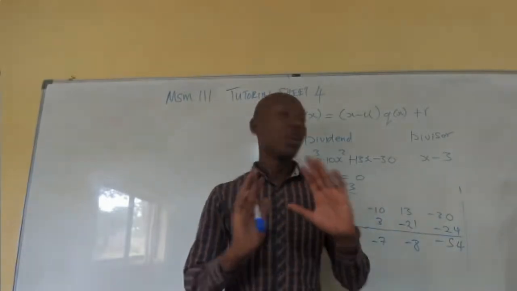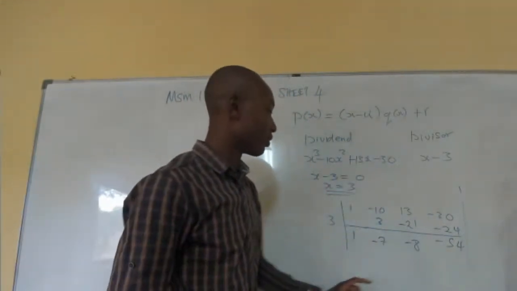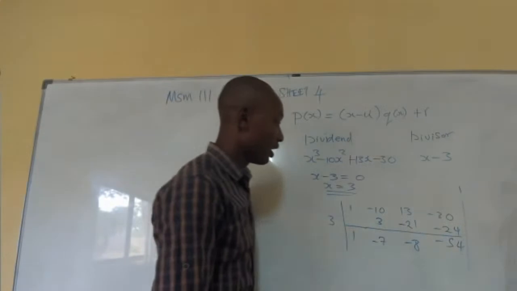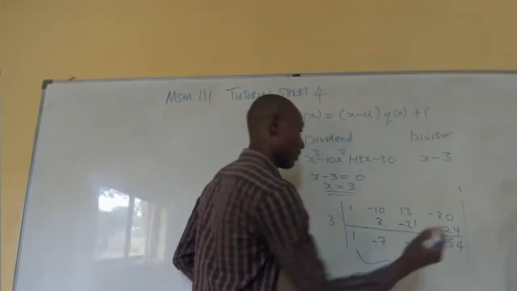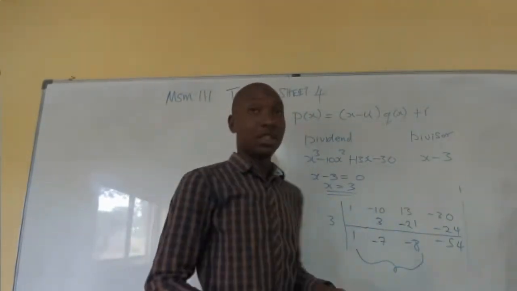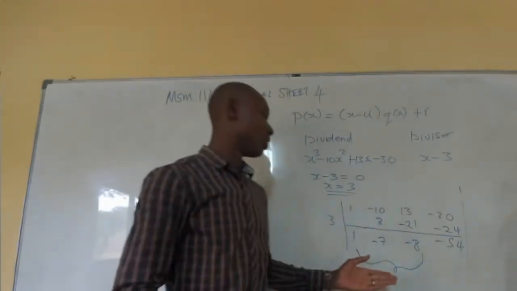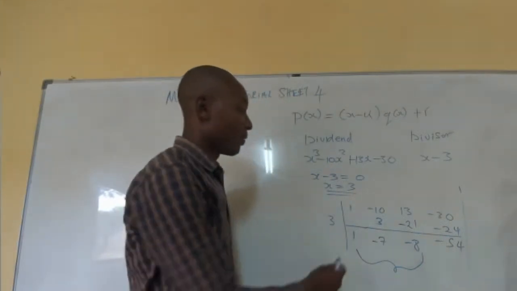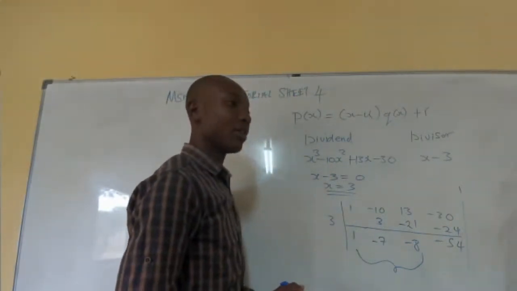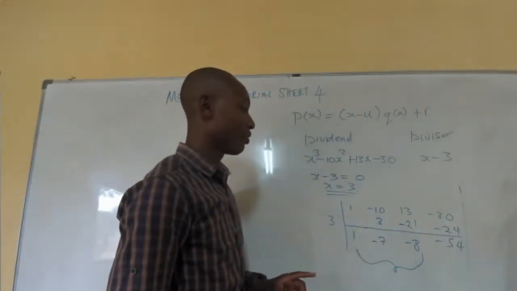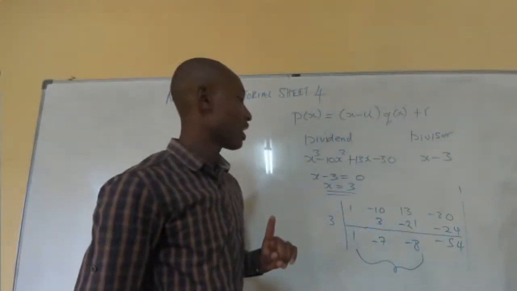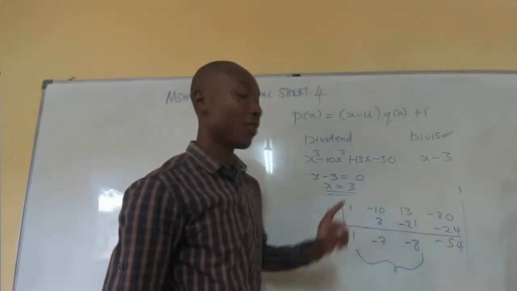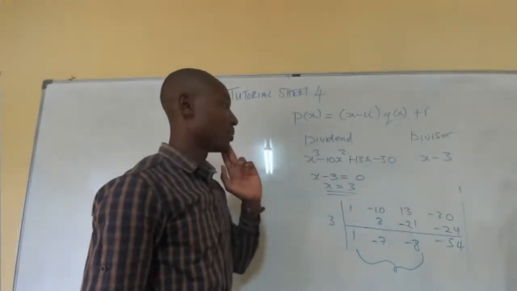This part here is the quotient: the coefficient of the highest powered variable, then the second highest, and so on.